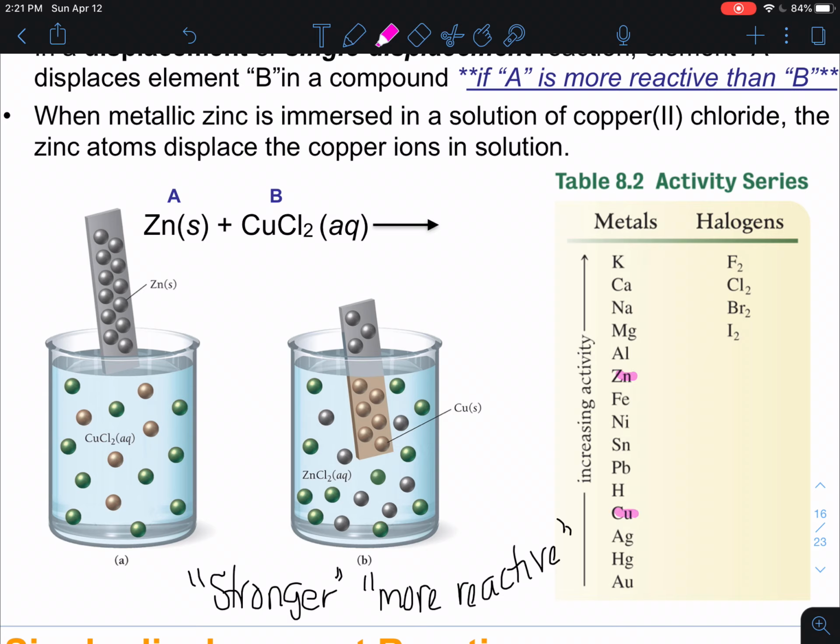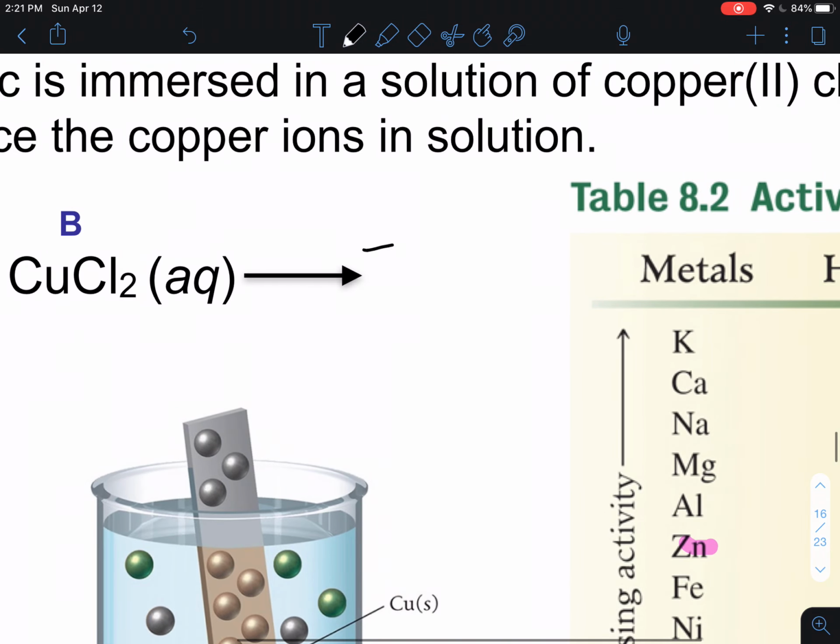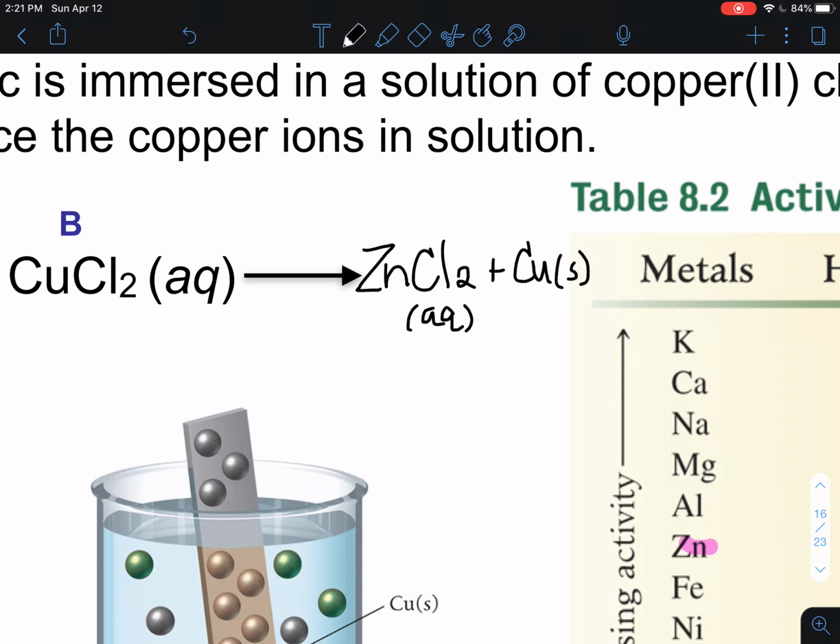And look at copper, it's way down low. So zinc is much more reactive. So since zinc is reactive, you can easily just go ahead and say, all right, they'll swap out. Zinc will replace copper, aqueous, and copper will deposit as a solid.